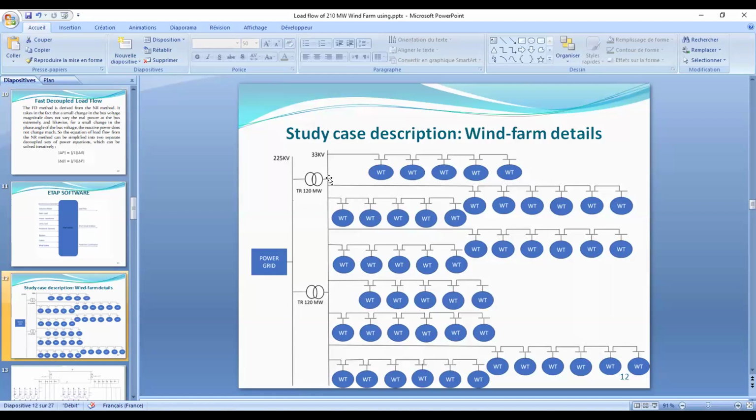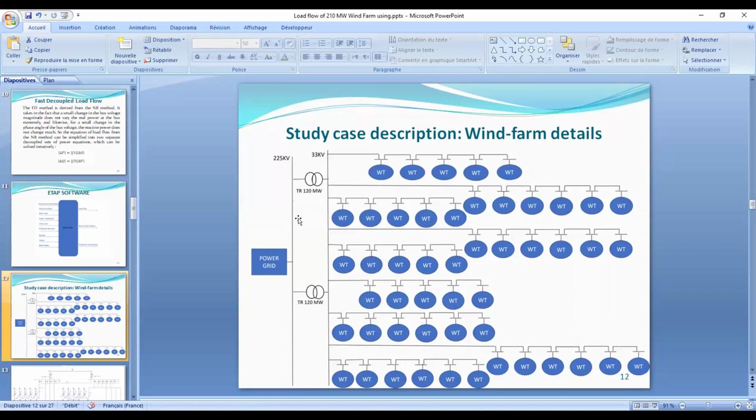In this slide, we have the synoptic diagram of the wind farm. There are 50 synchronous wind turbines with a production power of 4 megawatts each, grouped in sets of 5 or 6 turbines.